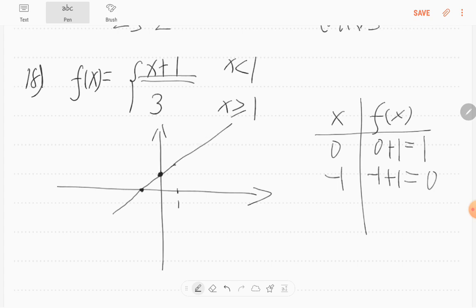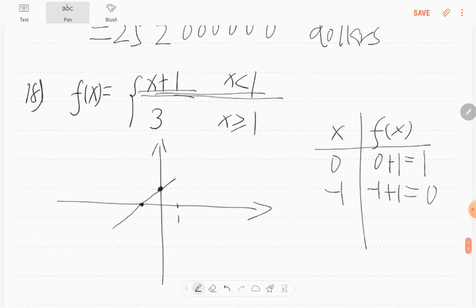Of course, you should continue, right? However, for the other part, x is greater than or equal to 1, so we need to erase this part. We stopped at x equals 1, but x equals 1 is not included for this branch, because this branch is for x less than 1. So here is an open circle.